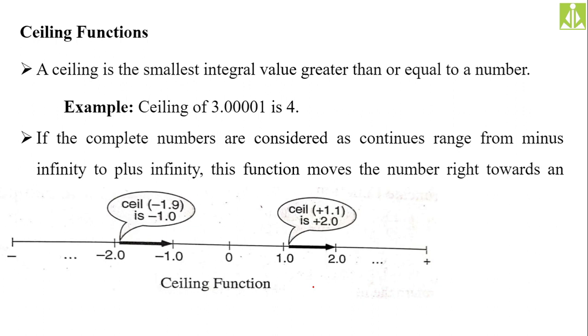Generally at the billing counter, you will get values like 250 rupees and 50 paise, or 250 rupees and 75 paise. Nowadays we don't have the coins so that we can pay that 0.50, 0.75, 0.25 type of amount.